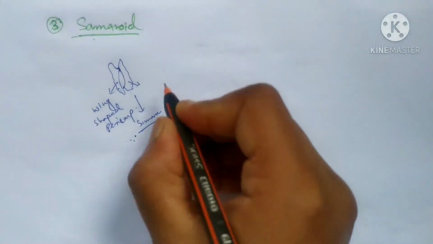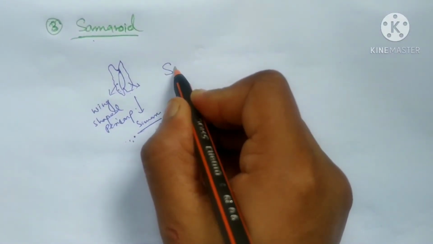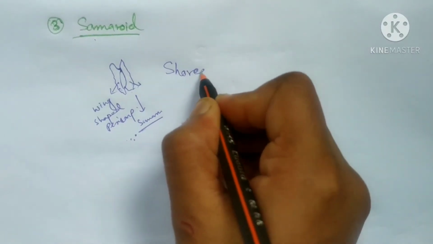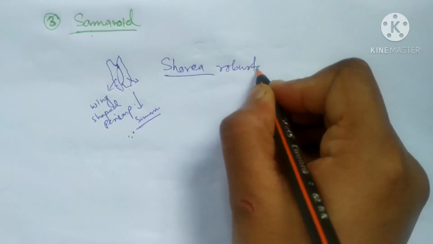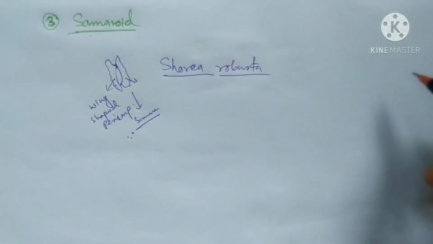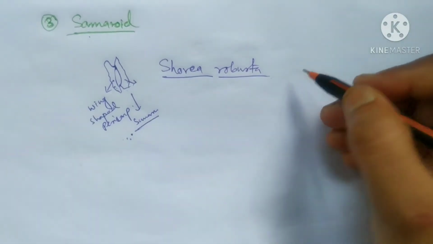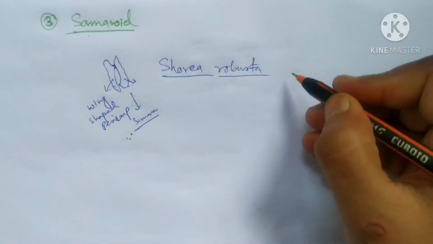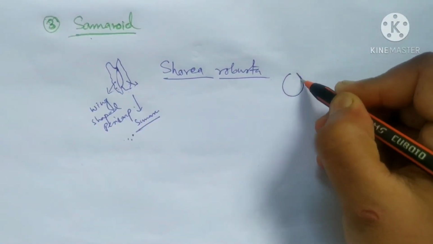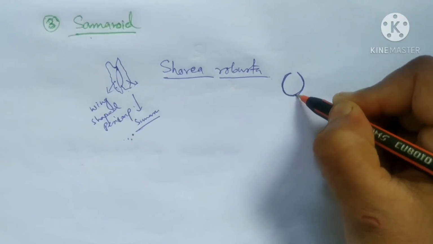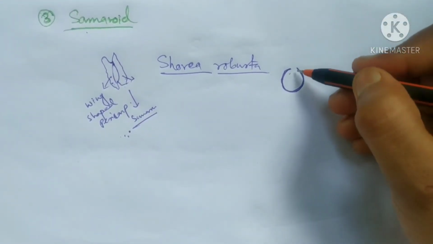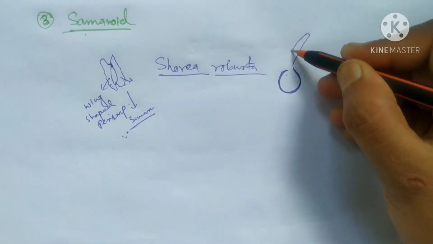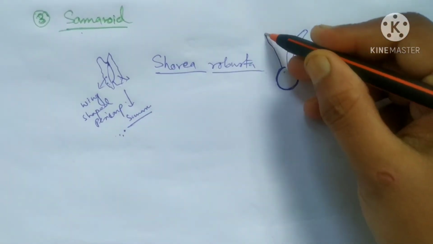Okay, they are not pericarp. So Shorea robusta is an example of samaroid type fruit. So we know that seeds are this type, right? So seeds and wings are present here.